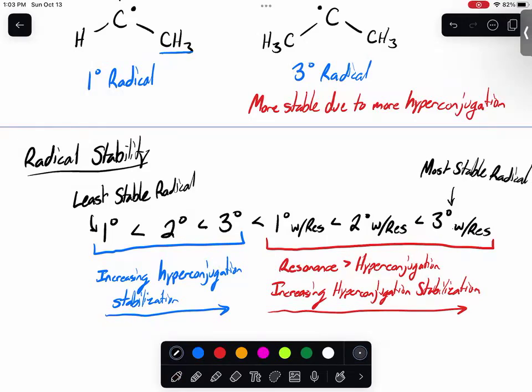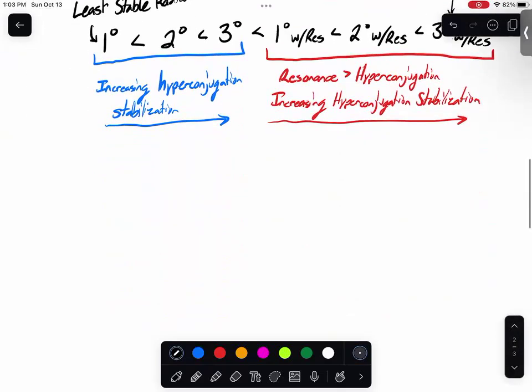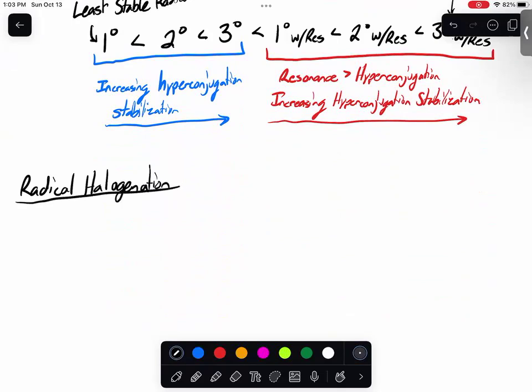All right. So with that being said, we're going to move into our reaction for today, which has everything to do with radicals and radical stability, which is why we prefaced it with this. And that is a reaction that is called radical halogenation. And so the name implies to us that it is a reaction that involves radicals, and halogenation all this means is that we're essentially performing an addition of a halogen.